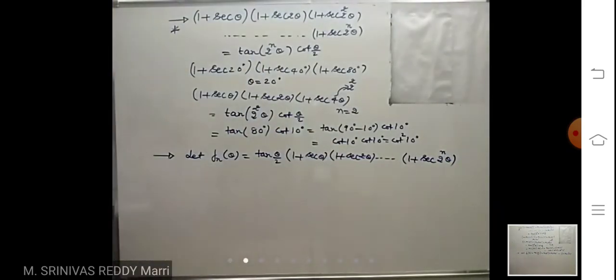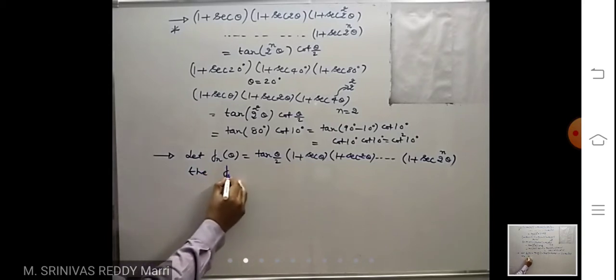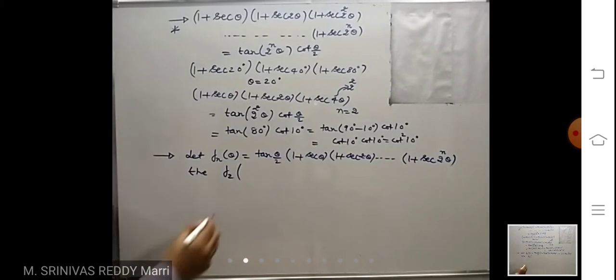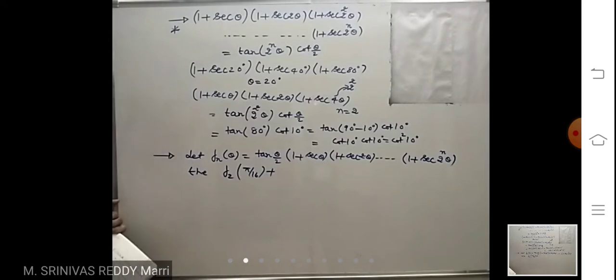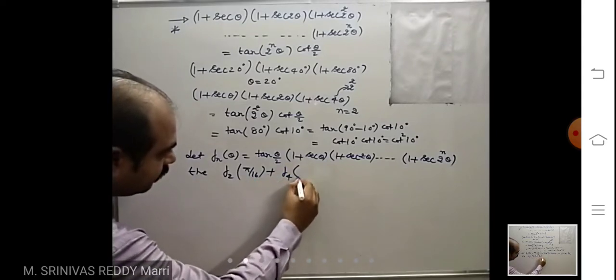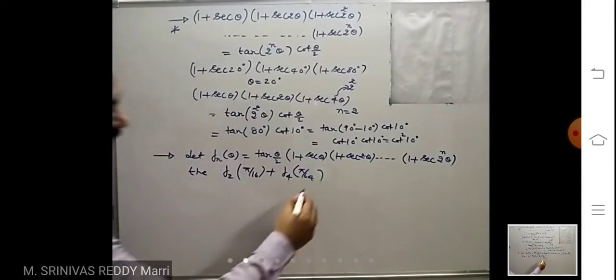Suppose it is given like this. Then he is asking the value f2 of pi by 16 plus f4 of pi by 64 equal to dash.